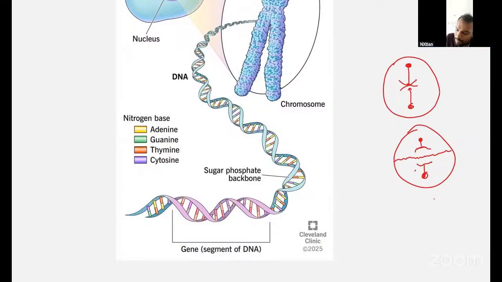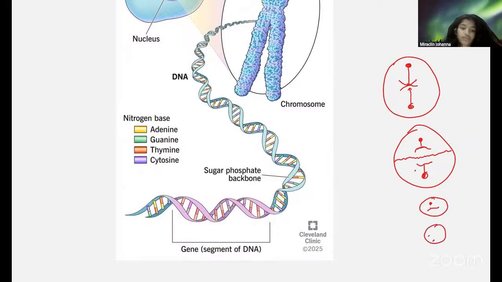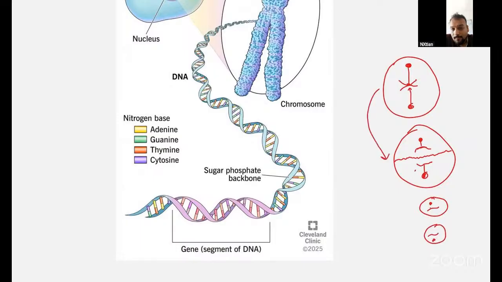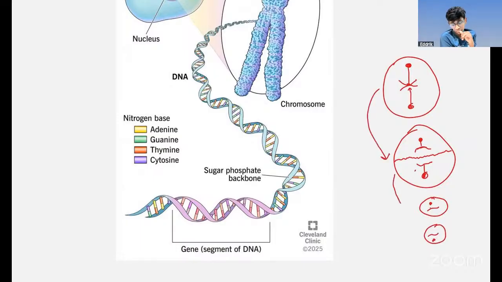Meiosis, beta, because the number of chromosomes becomes half. And the other one is mitosis.